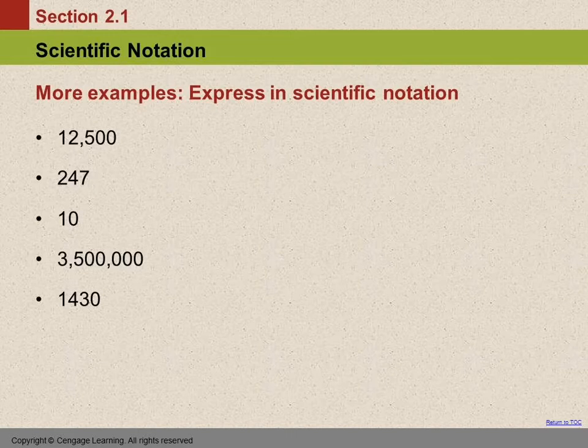Does anybody have an answer? 1.25 times 10 to the 4th. Yep, so the decimal point was here, 1, 2, 3, 4. The exponent's 4. 12,500 is a large number. It's a positive exponent.